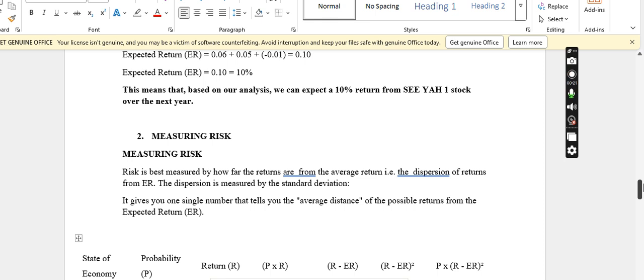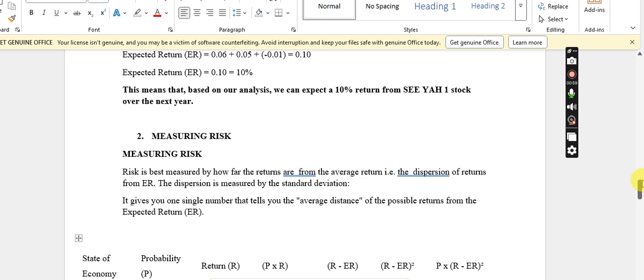In this case, we're trying to see how far our actual returns can be from our average, because risk here is when your actual return is different from what you expected, or your average return. If you expected 10% and your actual return is 1%, there's a standard deviation of 9%, or a risk of 9%.